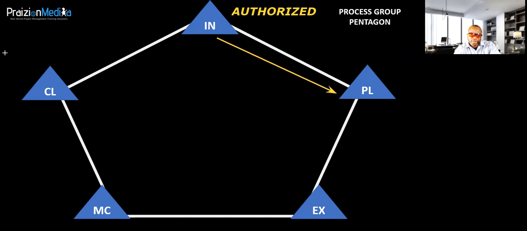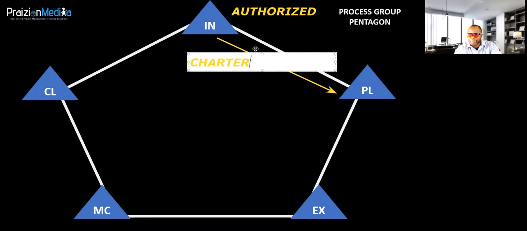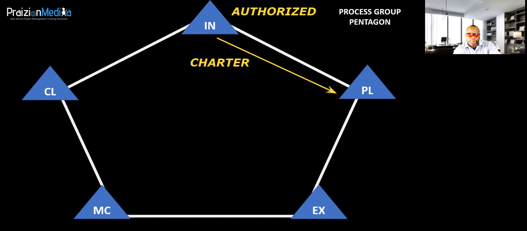So from here, you have a project charter. The project charter becomes an input to planning. A lot of the processes in planning use the project charter. So I'm just going to put this here. So the project charter is the main thing to think of.